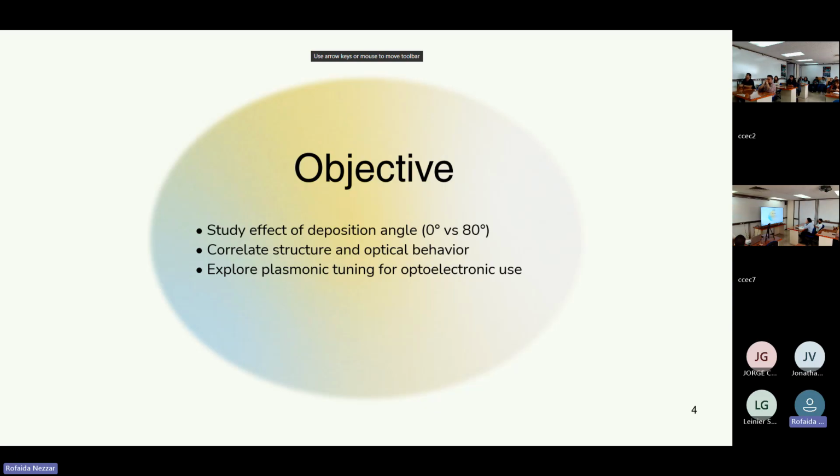We want to study the effect of the two deposition angles that we chose, the 0-degree angle, called normal, and the 80-degree angle, called oblique, on the resulting film properties, as well as analyze transmittance, absorbance, and bandgap variation as a function of morphology, and correlate these optical responses with structural changes confirmed by X-ray diffraction. Through this work, we want to show that deposition geometry can act as a simple and effective tuning parameter for optimizing plasmonic thin films.